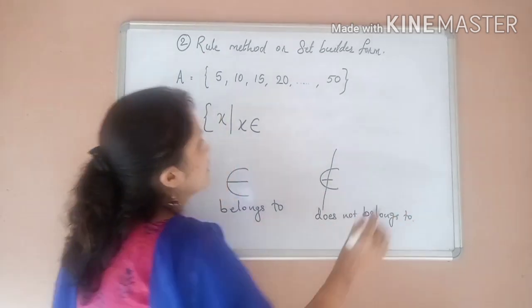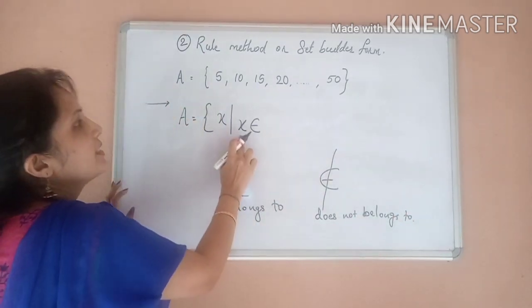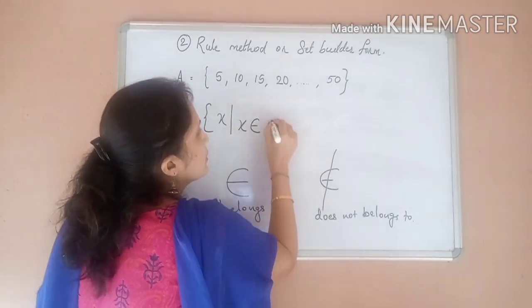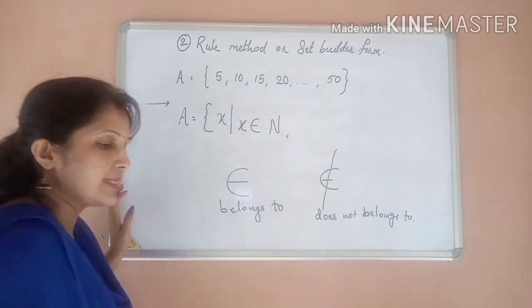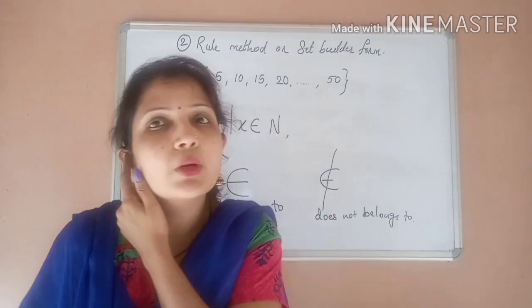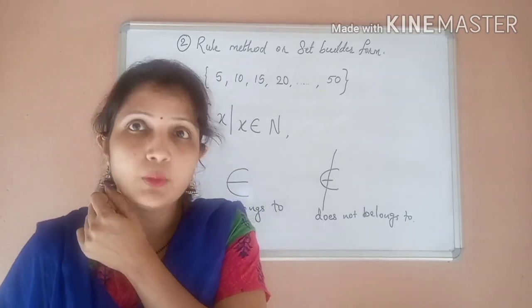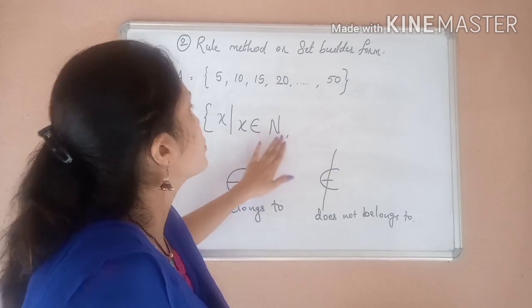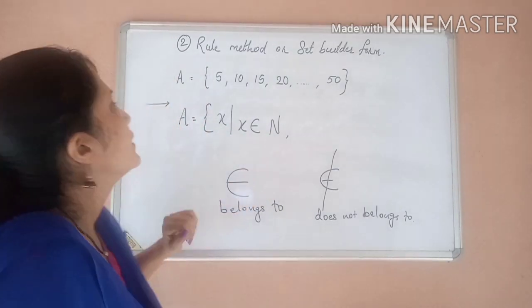Remember this. So here x belongs to the set of natural numbers. Natural number is always denoted by capital N. Whole numbers are denoted by capital W, integers by capital I. So x belongs to the natural numbers.